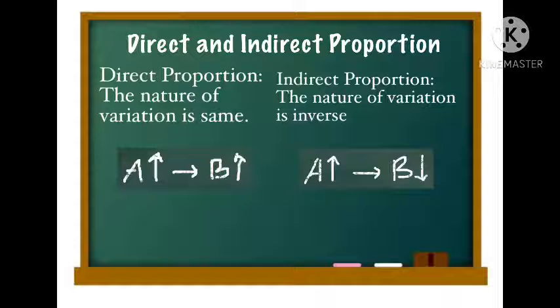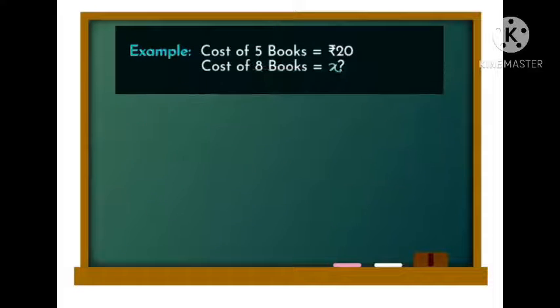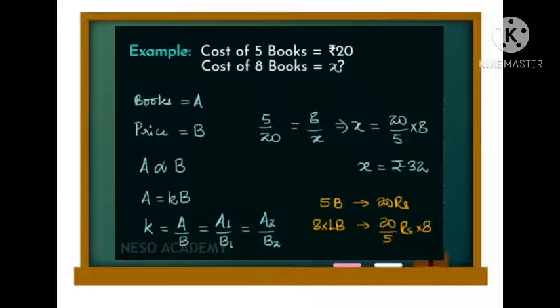For example, if we have quantity A and quantity B, and you increase quantity A and this results in a decrement in quantity B, we will say the two quantities are inversely proportional or indirectly proportional. So, this is all about understanding direct proportion and indirect proportion.